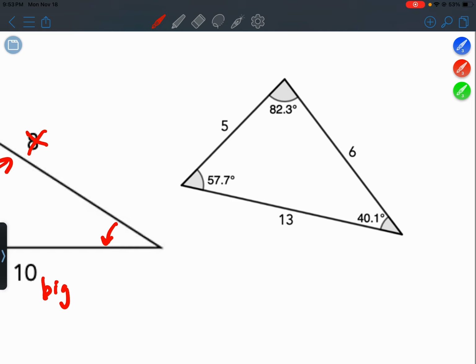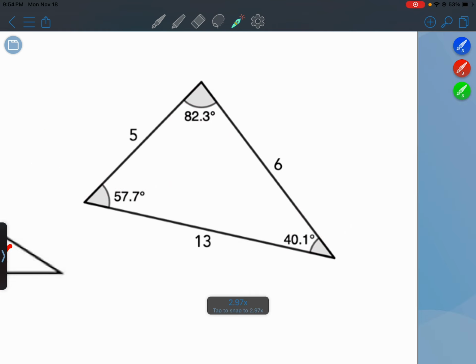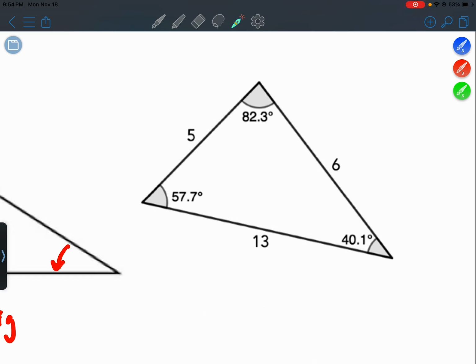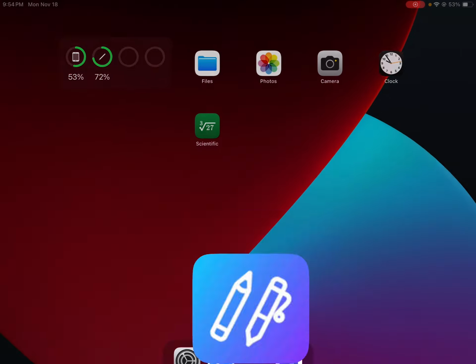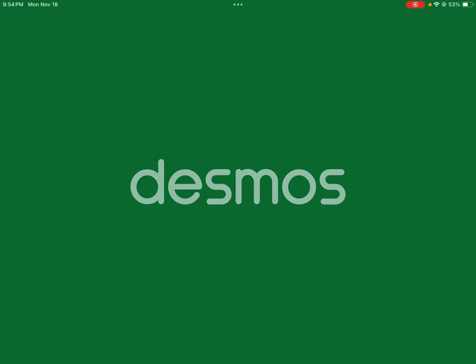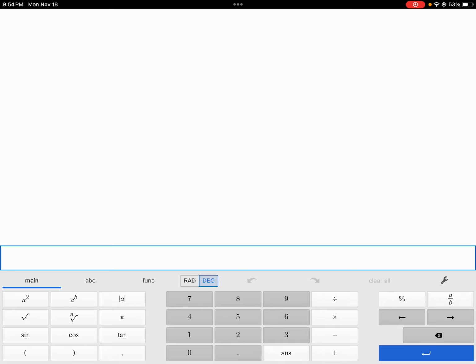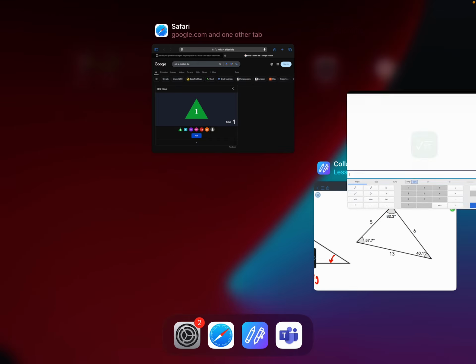Our last triangle here, we have 3 measurements for the sides, 3 measurements for the angles. We're trying to figure out why this triangle is impossible. Most students are probably going to look at the angles and check to see, do those really add up to 180 degrees? Because we have a theorem that says they should. Let's pull up a calculator and check, although you probably did this already.